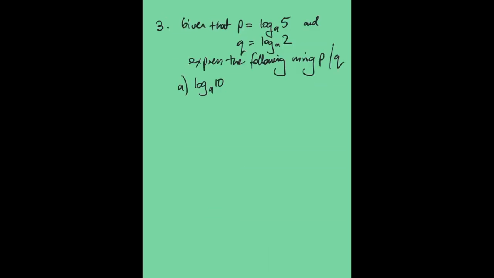Question 3, I'm going to express this in terms of p and q. Well, I can look at the product rule here because that's the same as saying log base a of 2 times 5, and then using the product rule, that's equal to log base a of 2 plus log base a of 5. And looking up here, we know that that's q plus p, either way around really, but that's how you're going to express that value.